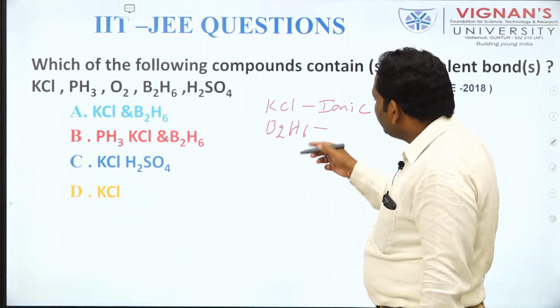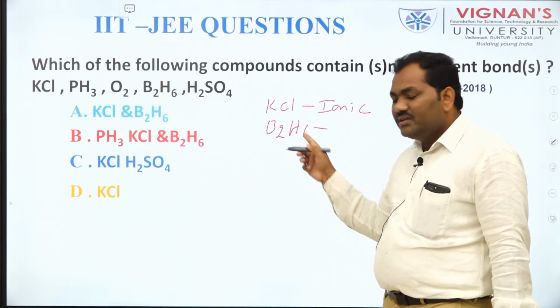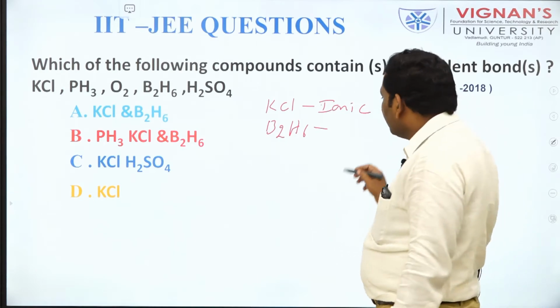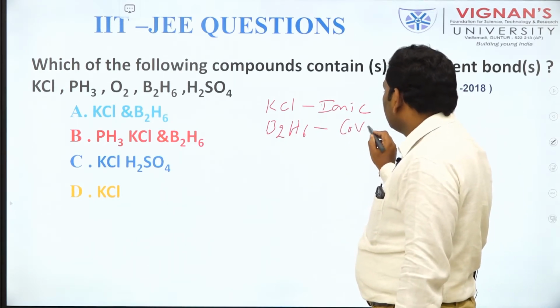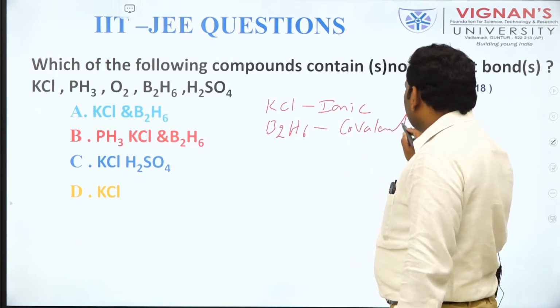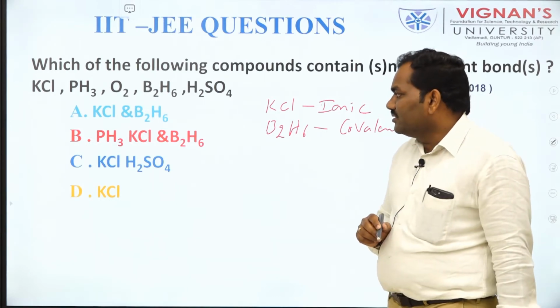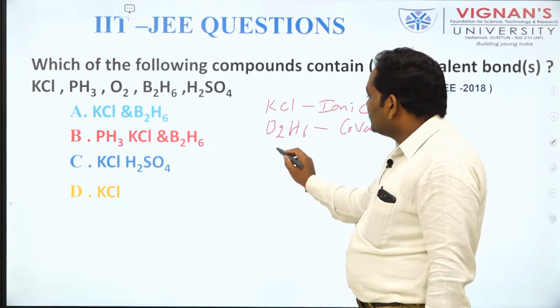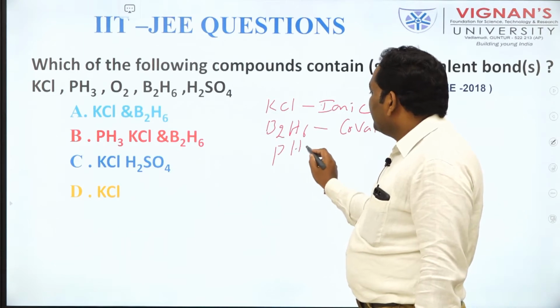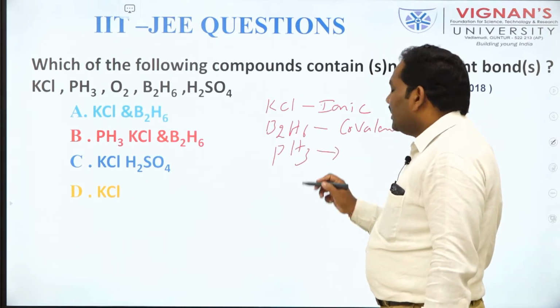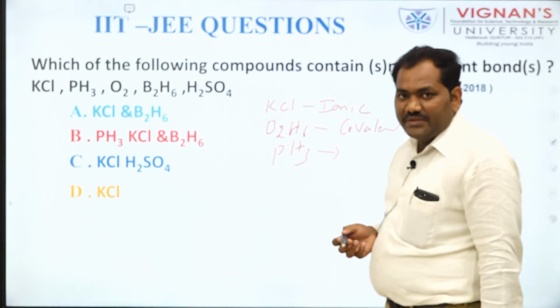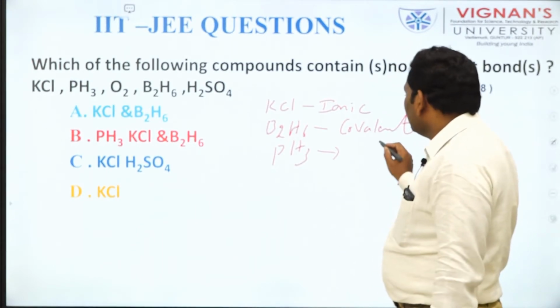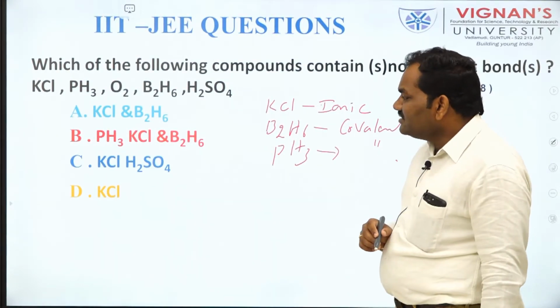Here electrons are mutually shared between boron and hydrogen, so it is considered a covalent bond. In the case of PH3 also, the electrons between phosphorus and hydrogen are mutually shared, so it is also considered a covalent bond.